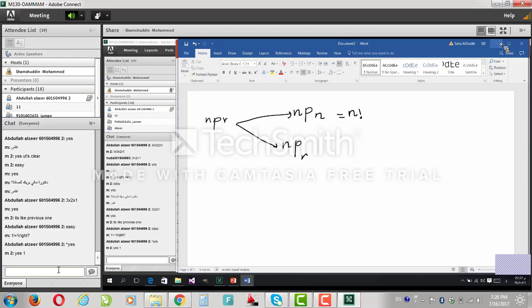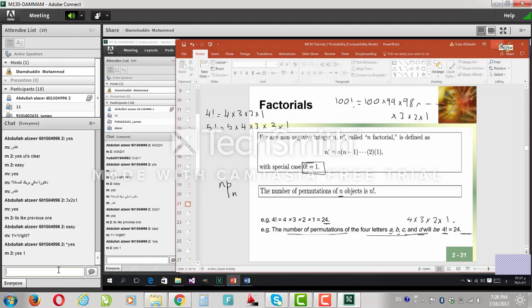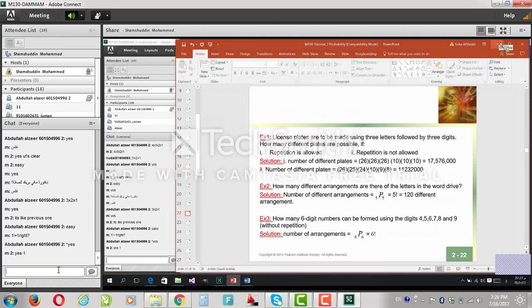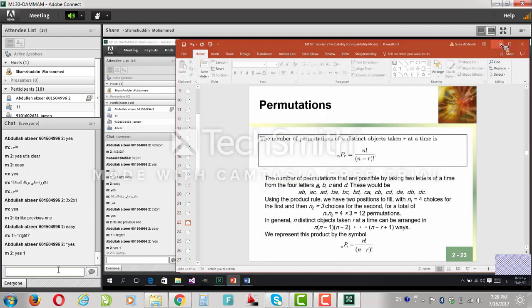Okay, what if I have 4 things and I want to put them in just 2 places? I have 4 things, and I can make a word with 2 letters only.